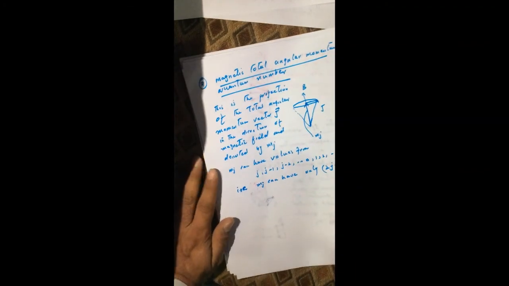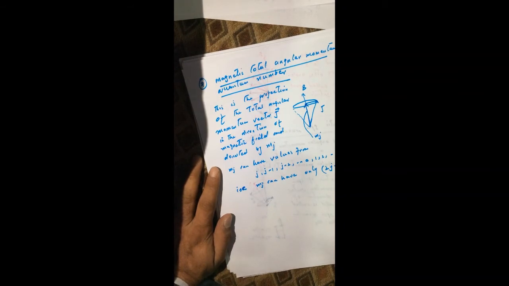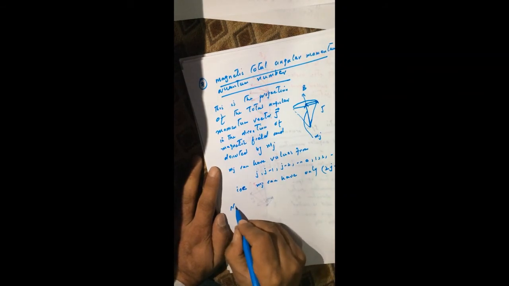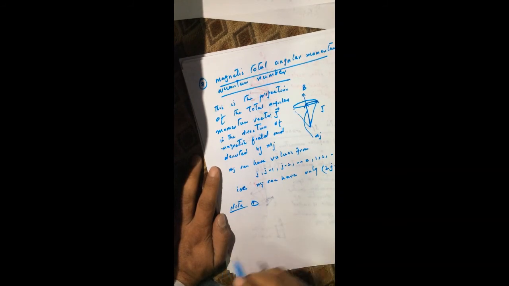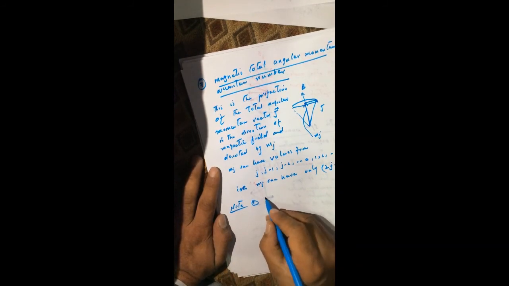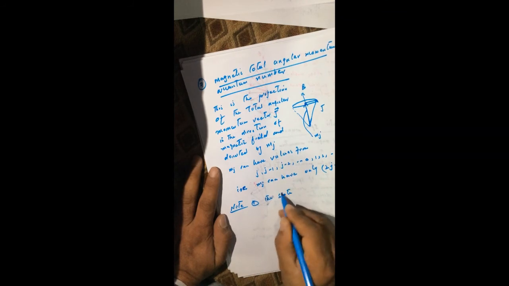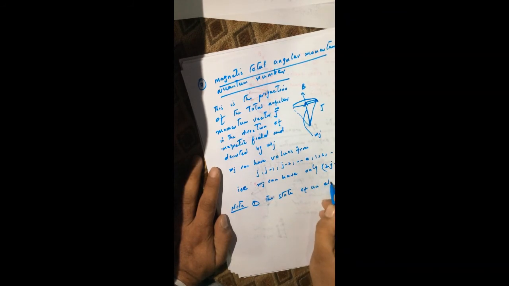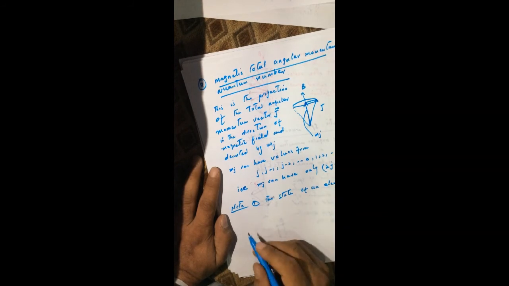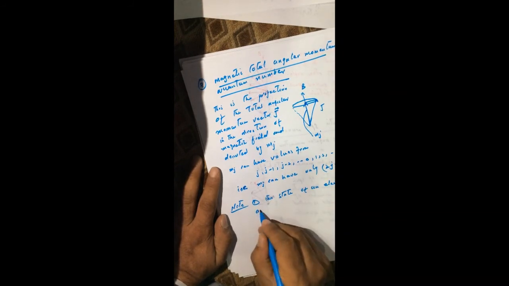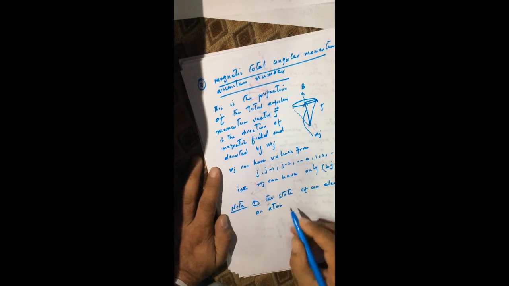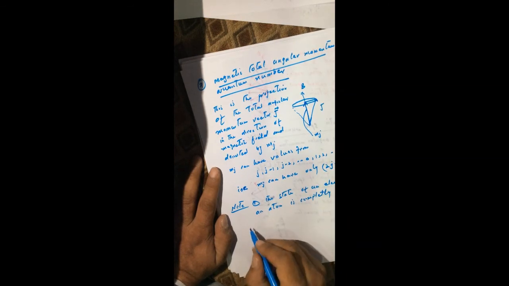Now we have to note 2 points here. The note is: number first, the state of an electron in an atom is completely specified by the 4 quantum numbers.